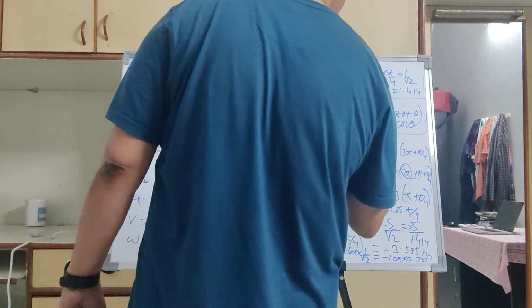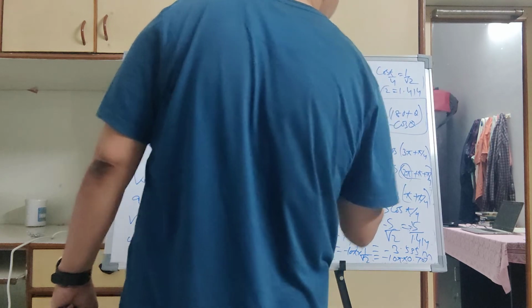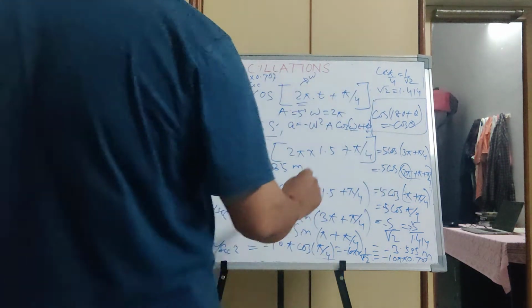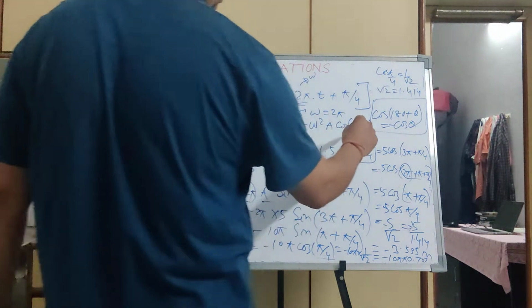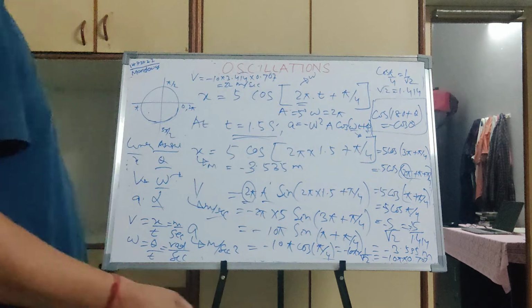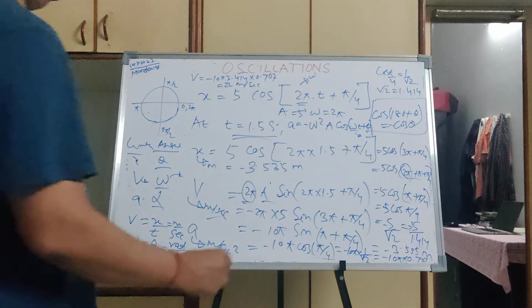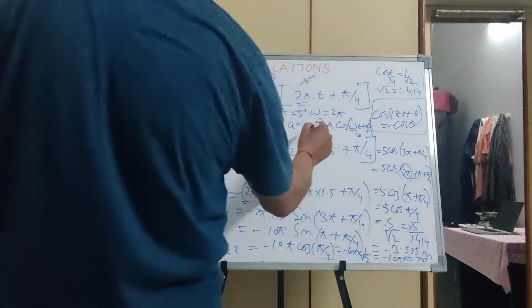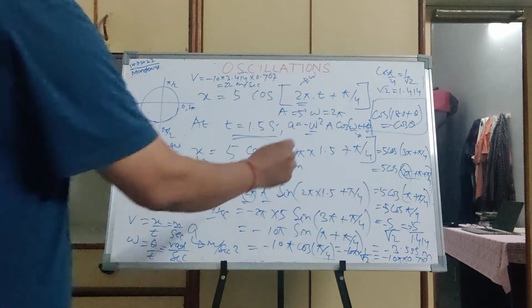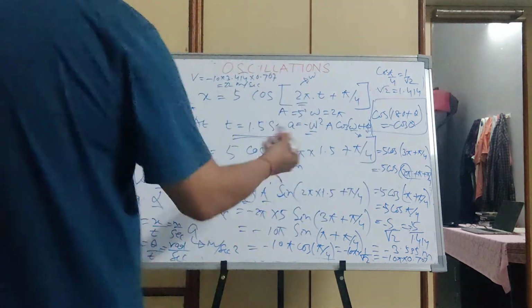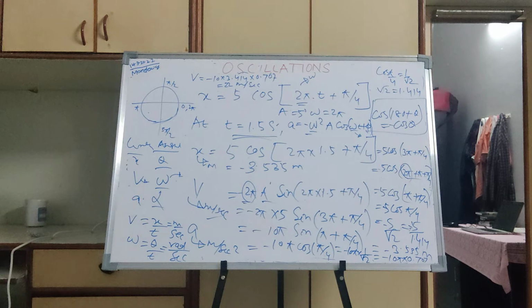Here you know omega is 2 pi, phi is pi by 4, and t is 1.5. So you replace omega as 2 pi, t as 1.5, and phi as pi by 4.